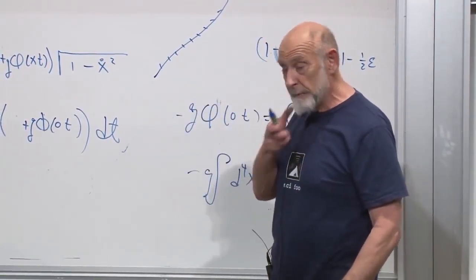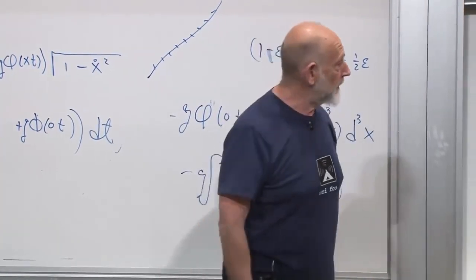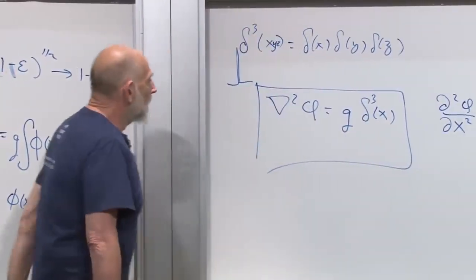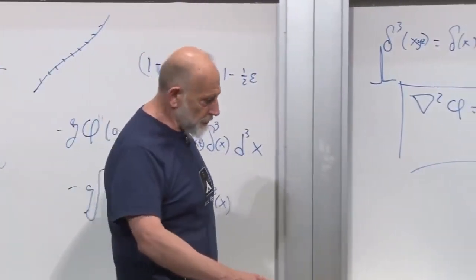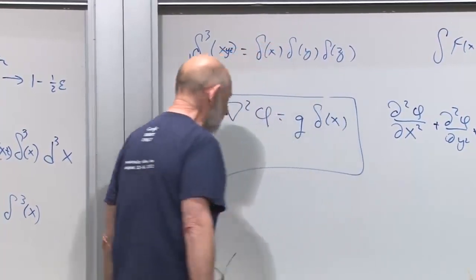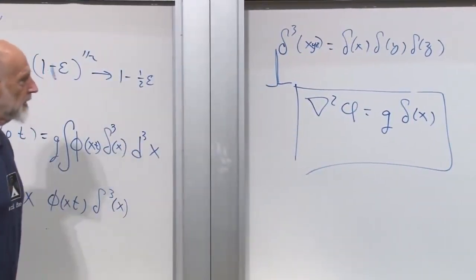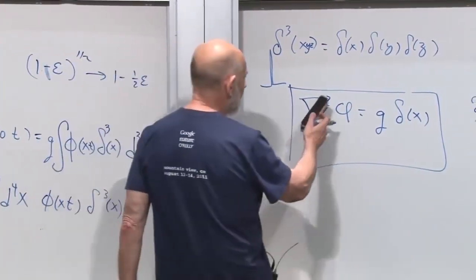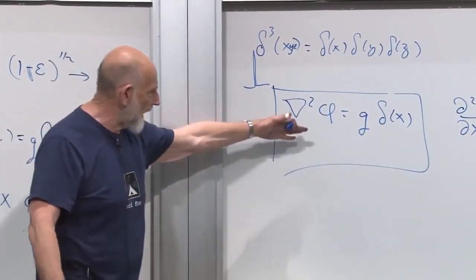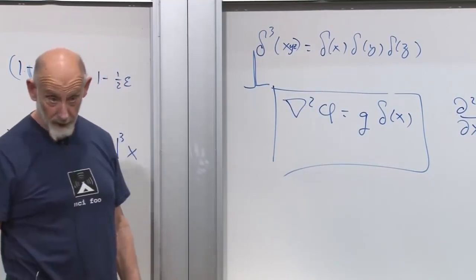Okay, let's just explore how we might change this a little bit. Let's go back to the one-dimensional case, just one space dimension. And this just becomes then second derivative of phi, a very simple equation. Second derivative of phi with respect to x squared is equal to g times delta of x.